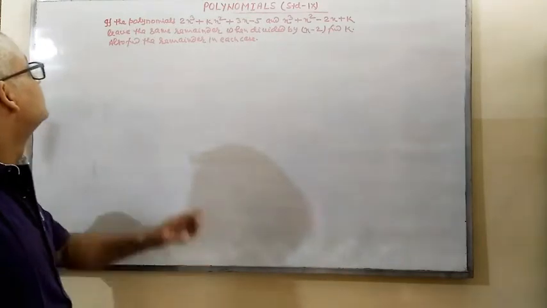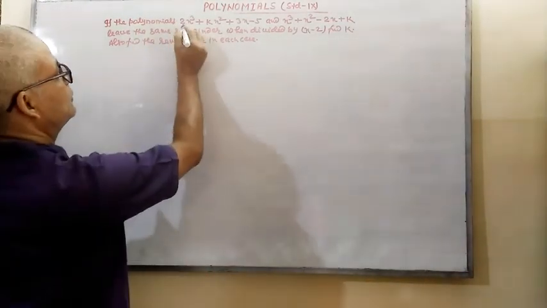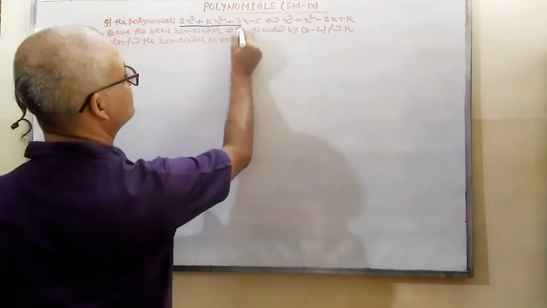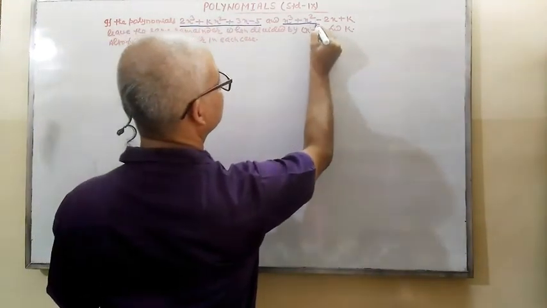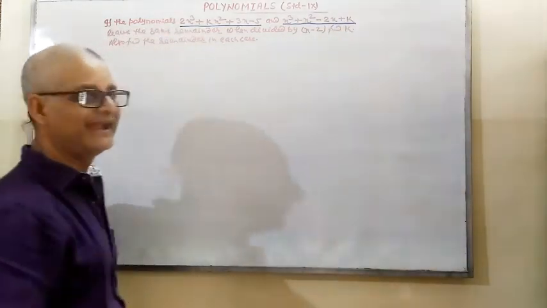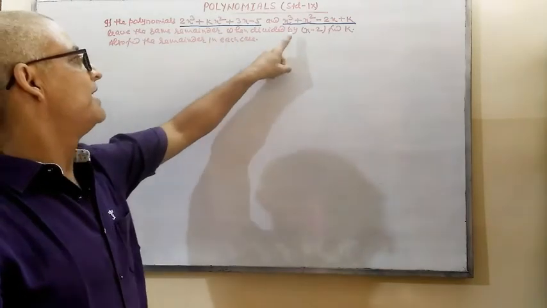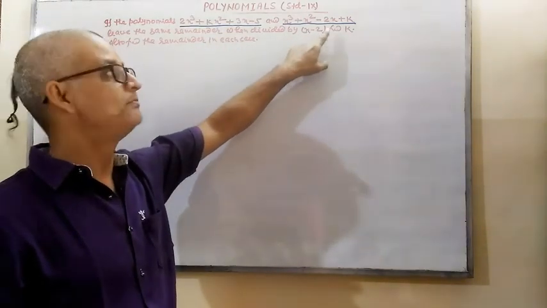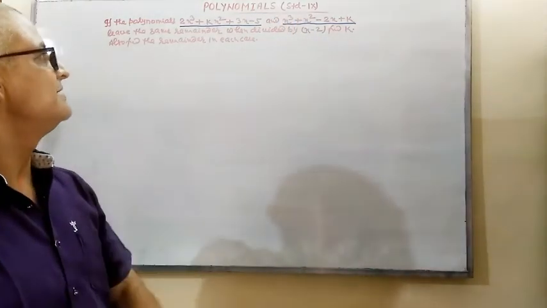Next question is, if the polynomials 2x cube plus kx square plus 3x minus 5 and x cube plus x square minus 2x plus k leave the same remainder when divided by x minus 2, find k. Now, first you understand this question, what is given.